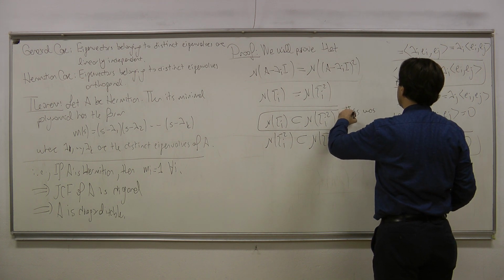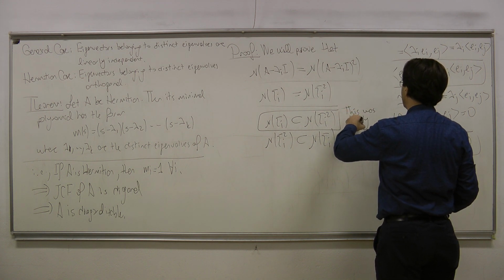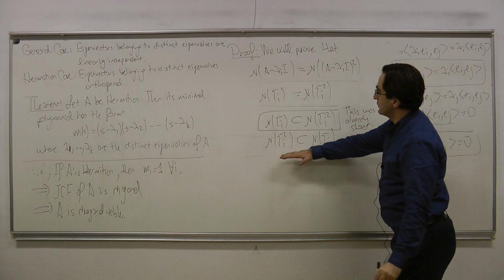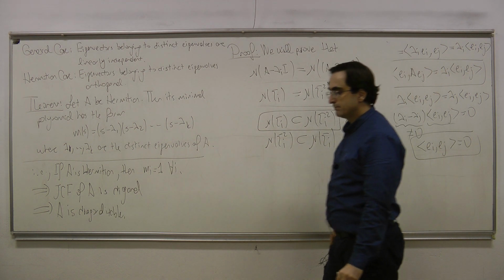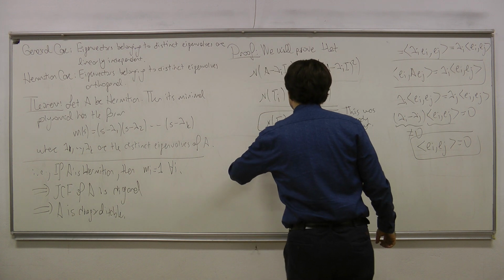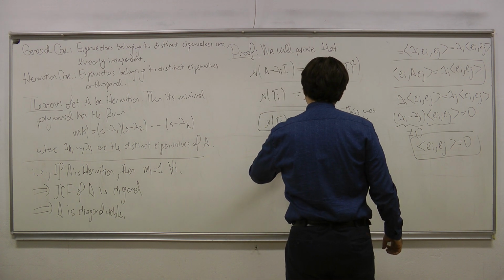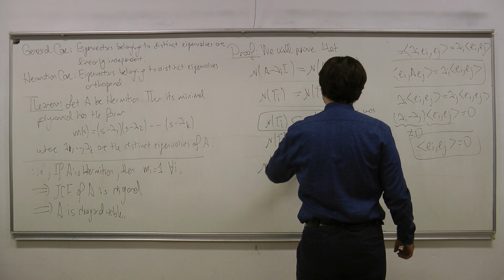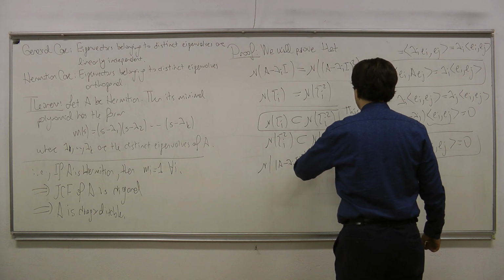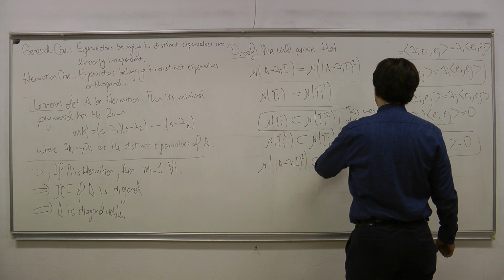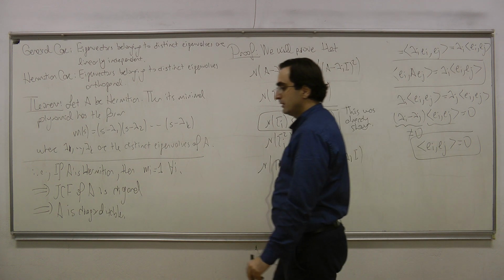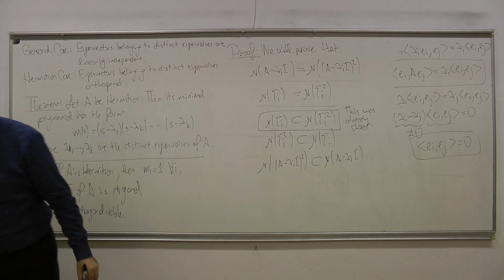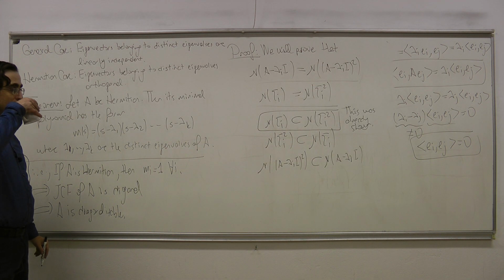The only thing that I need to show is this one. What is this? This is the null space of A minus lambda I squared is a subset of the null space of A minus lambda I identity. I need to show this subset relationship.